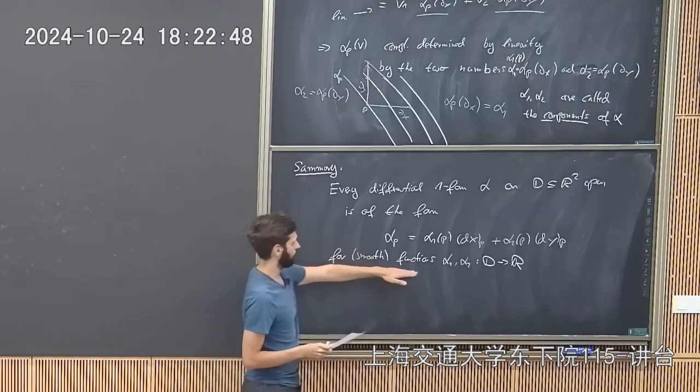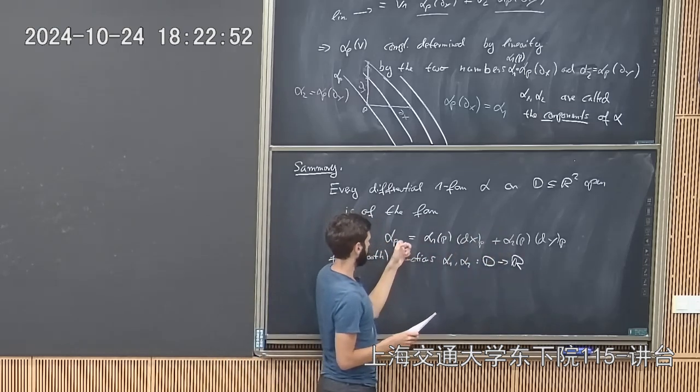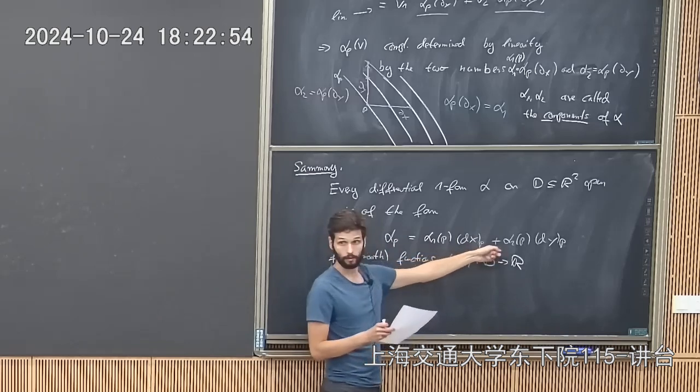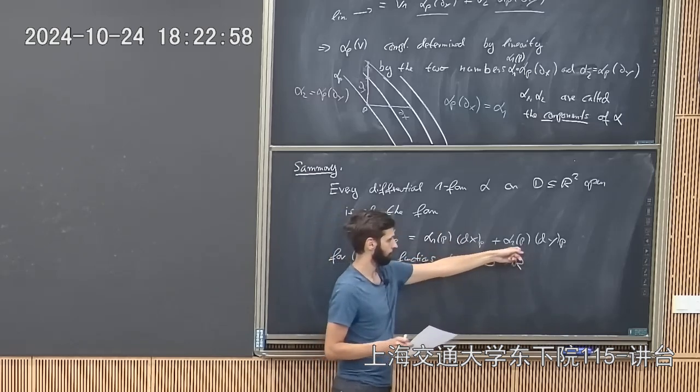So if you have two functions, you can define a one form exactly by this equation. I use these functions as the coefficients.